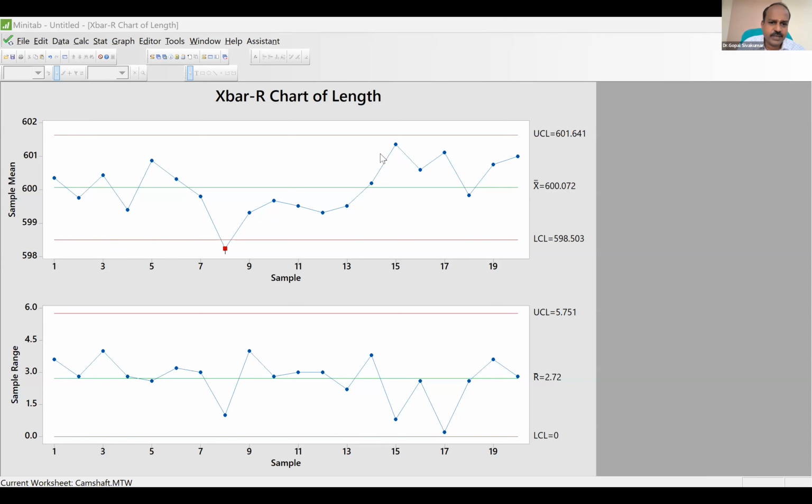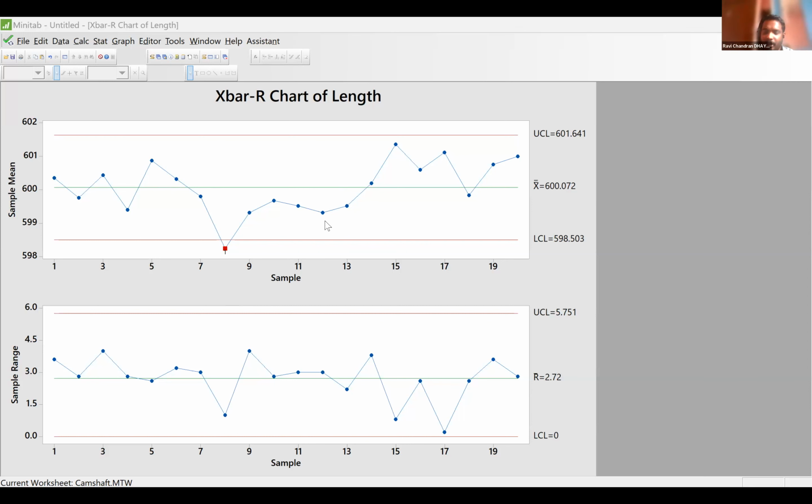But looking at the other chart, since the R chart is under control, you can read the X bar chart. If the R chart is out of control, there is no point in reading the X bar chart. Avoid reading the X bar chart when the R chart is out of control. One important guideline. And the X bar chart, is it under control? Tell me. Sir, can you please repeat?